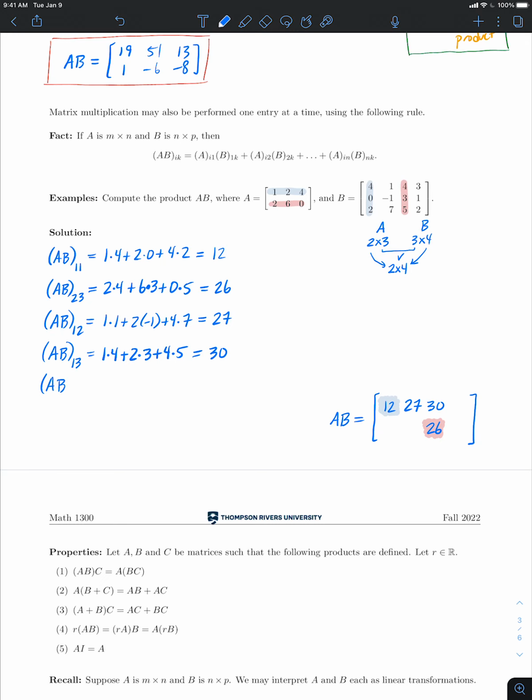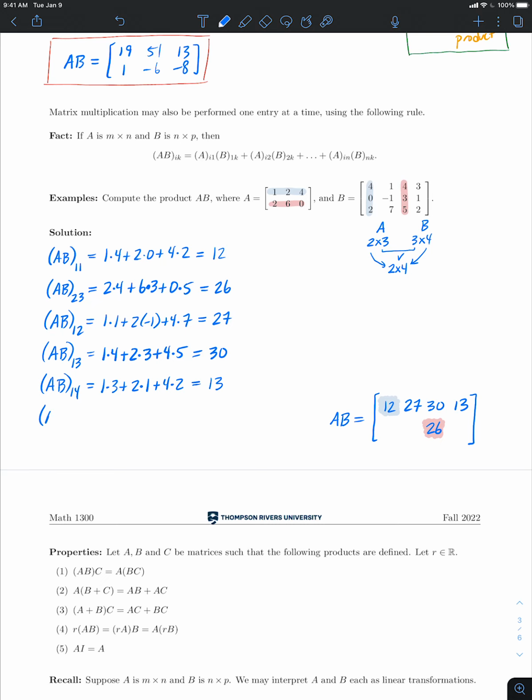Last one in that row, AB 1, 4. We're going to have first row of A, fourth column of B. So we've got 1 times 3 plus 2 times 1 plus 4 times 2. Okay, so what happens? We get 3 plus 2 plus 8. So that's going to be 13. So we'll have a 13 as the final entry in the first row.